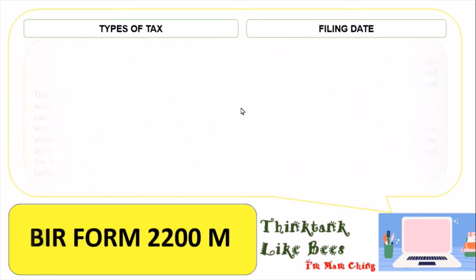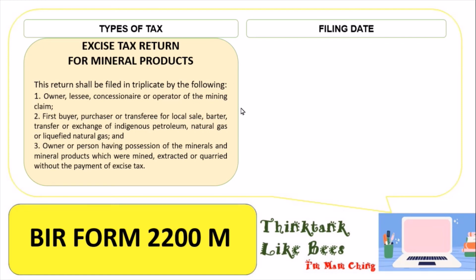Next form that we have is the BIR Form 2200M. So this one is for mineral products. This return shall be filed in triplicate by the following: owner, lessee, concessionaire, or operator of the mining claim, first buyer, purchaser, or transferee for local sale, barter, transfer, or exchange of indigenous petroleum, natural gas, or liquefied natural gas, and owner or person having possession of the mineral products which were mined, extracted, or quarried without the payment of excise tax.